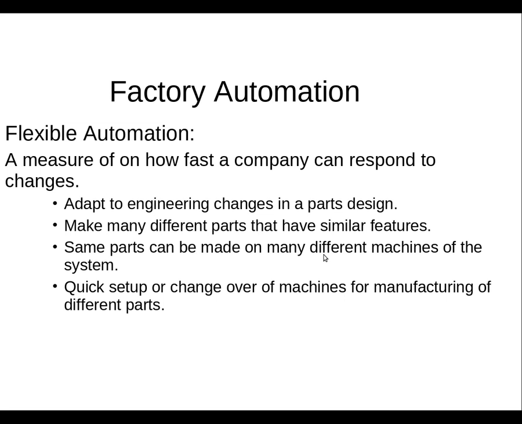All right, so when we apply flexible automation, the idea here is that we want to be able to adapt to engineering changes in a part very quickly. And so we're kind of in that repetition or line sort of thing.